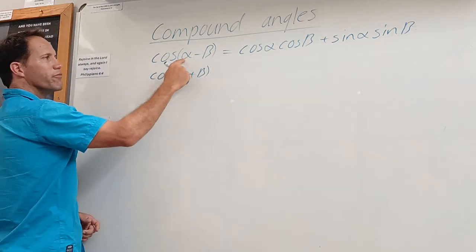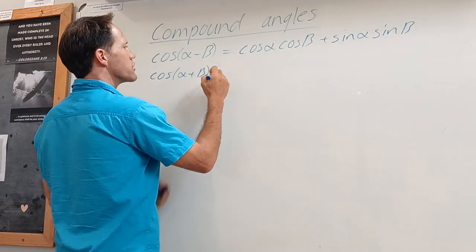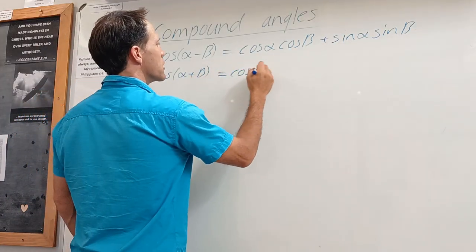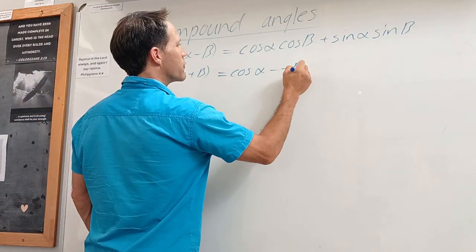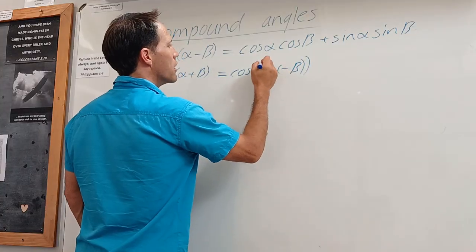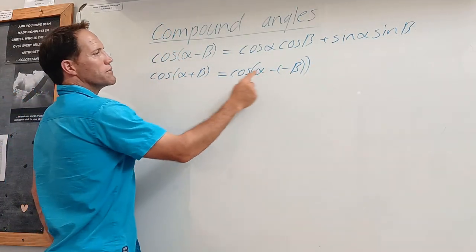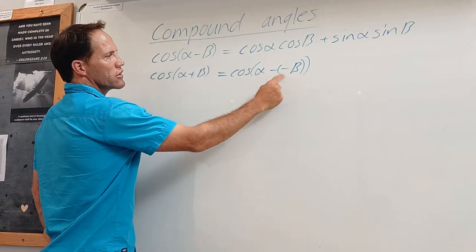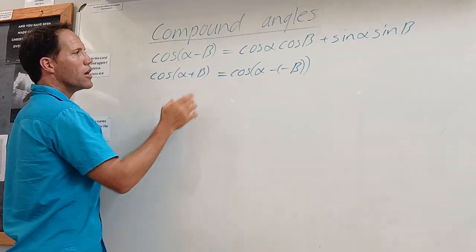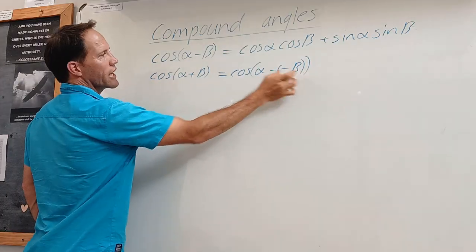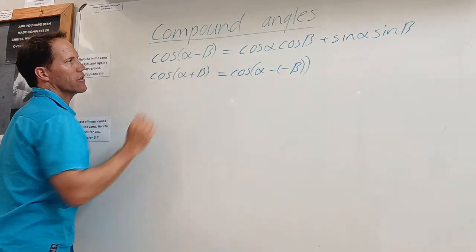So to get a negative between them, I'm going to have to make it cos alpha minus negative beta. So what I did is I said make the plus into minus minus, because it's still plus, but now I have an angle minus an angle.